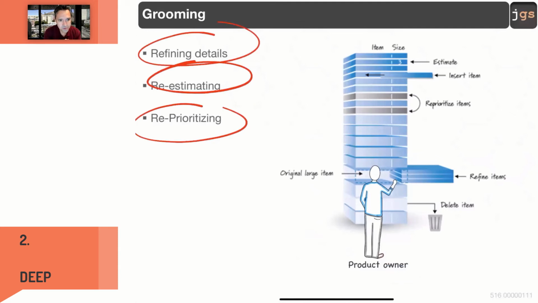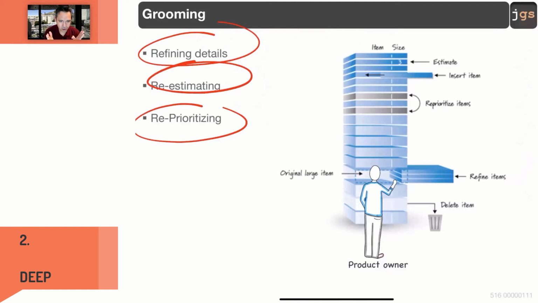Remember those 3 keywords? I give you the slide. It's going to be a question in your exam. What is this? Basically, changing the priority, reprioritizing, changing the estimation, the time or the story points, re-estimating, and refining details, as we mentioned before, epics that become stories.